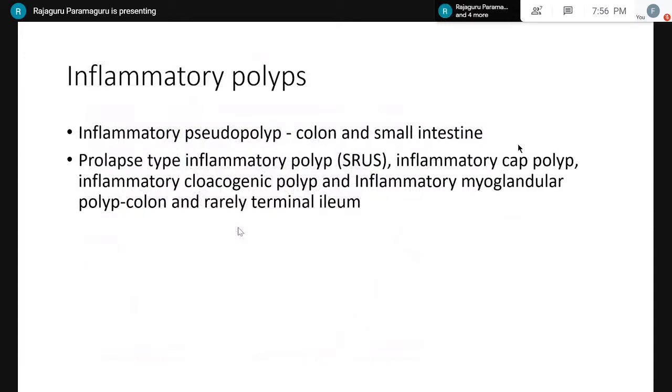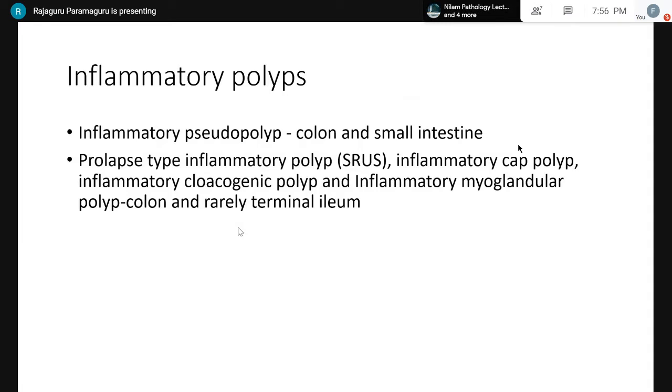Then going on to the inflammatory polyps, which can be seen in the small intestine or the large intestine, the colon. In the small intestine, we usually come across inflammatory pseudopolyps, mainly with Crohn's disease or any other enteritis.